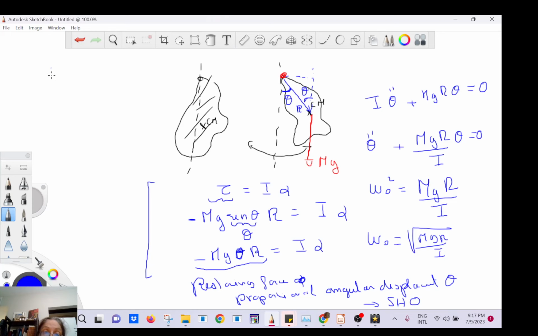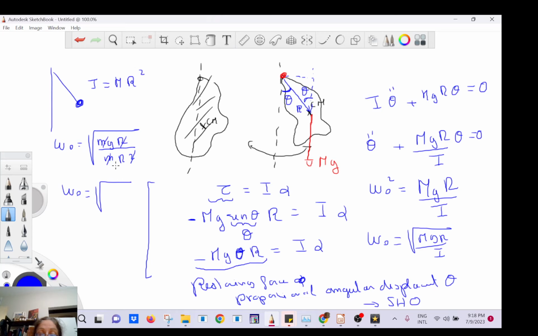For example, if you have a simple pendulum, the moment of inertia is just m r squared. So if you plug that in here, you have mgr over mr squared. The m goes bye-bye, and you get your equation here. That will just be the length of the pendulum.